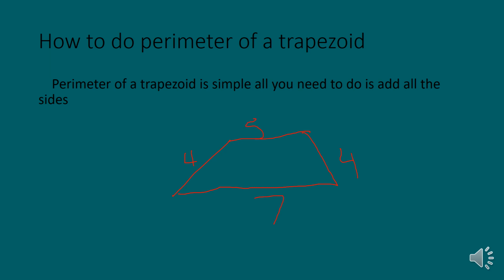So now we have to add all of them together. 4 plus 4 is 8. 5 plus 7, wow, that's a thinker. 5 plus 7 equals 12. Then 12 plus 8 equals 20. Then 20 centimeters is our final answer, okay, guys?